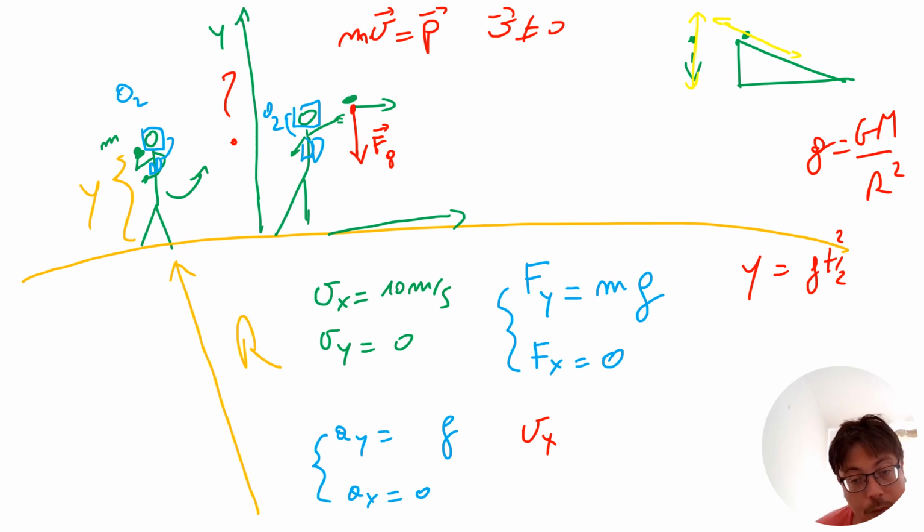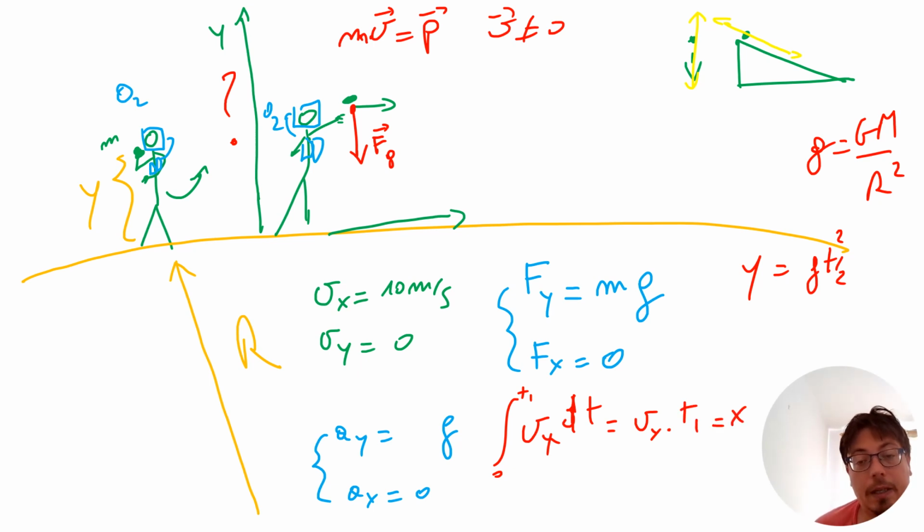So when we integrate it, it is actually 10 meters per second. So when we integrate vx over time dt, vx is constant because there is no friction, so vx times t is the x component of our motion.